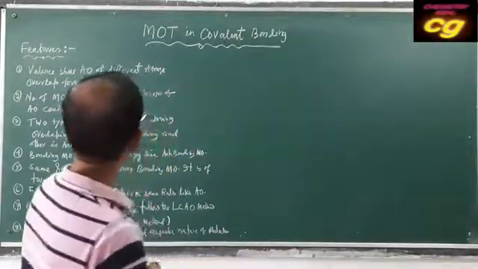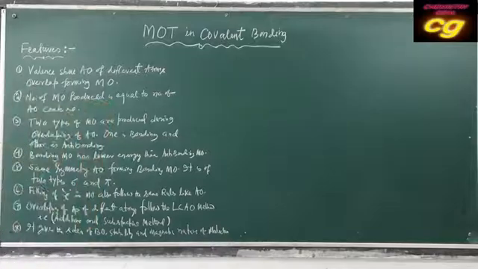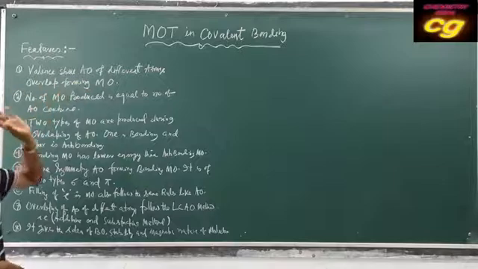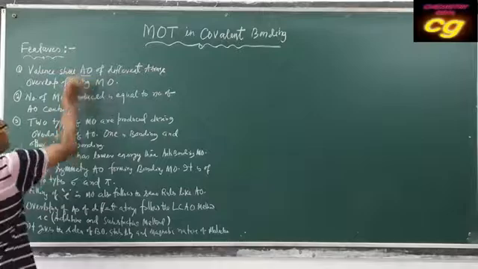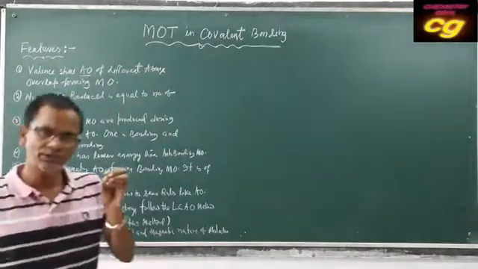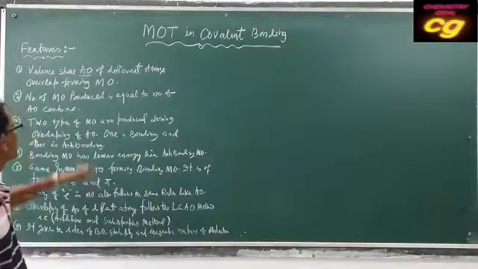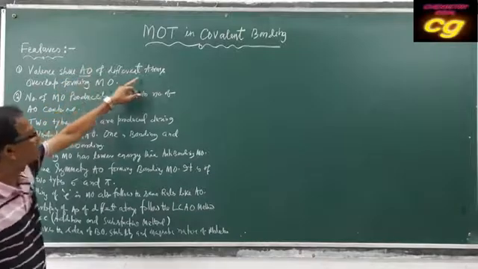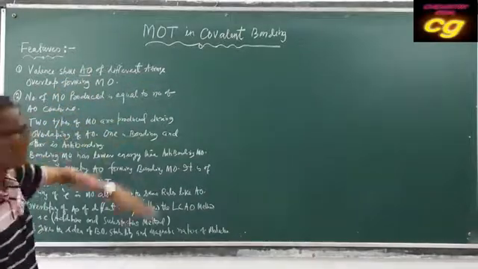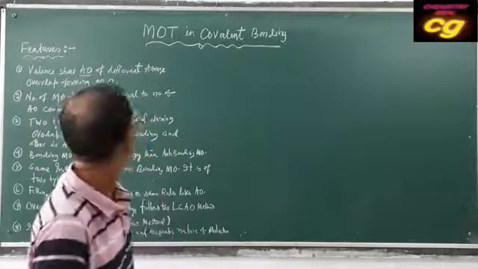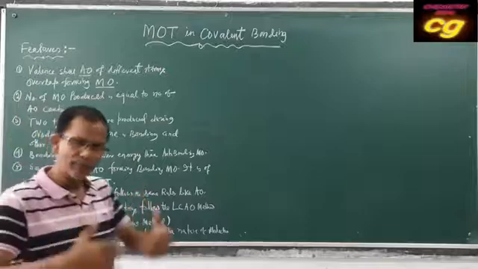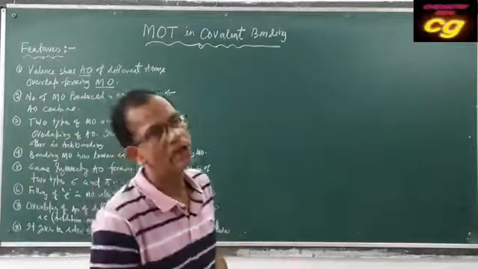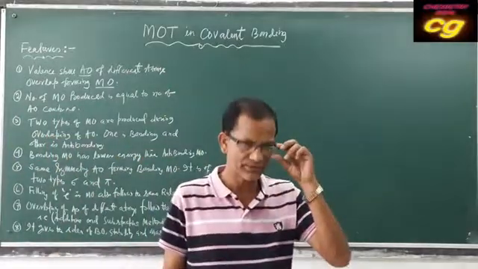So according to MOT, molecular orbital theory, valence shell atomic orbitals, that means outermost valence shell atomic orbitals of different atoms, overlap, forming molecular orbitals. Very important. That means during overlapping of atomic orbitals, molecular orbitals are formed.